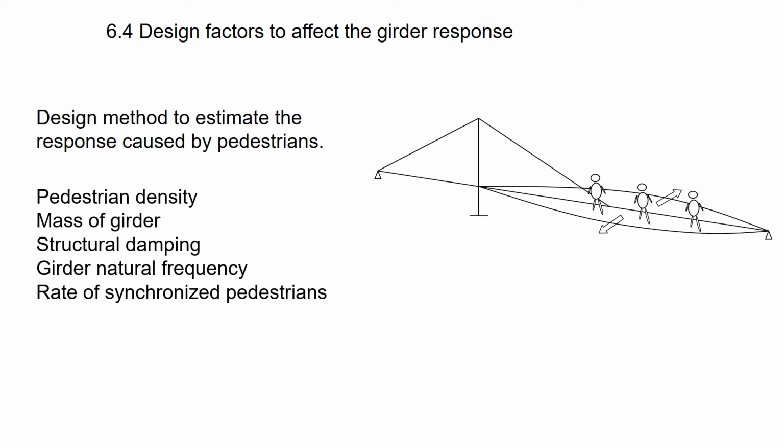The response induced by people depends on pedestrian density, mass of the girder, its structural damping, natural frequency of the girder, and rate of synchronized pedestrians. I tried to establish the equation to predict the girder response of bridges with different forms and dimensions.